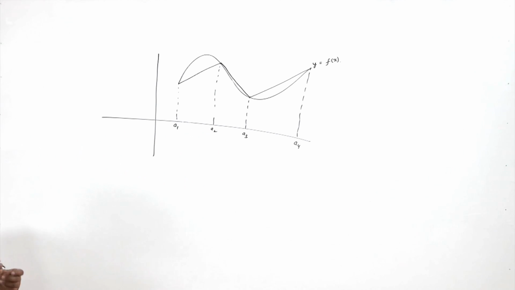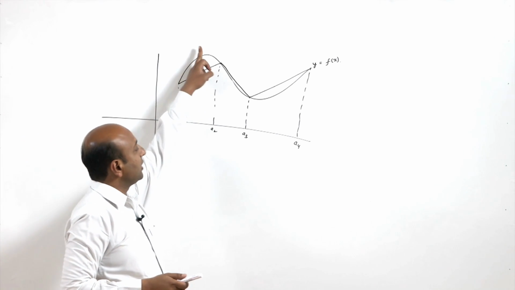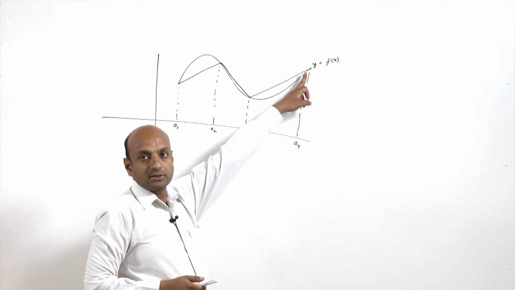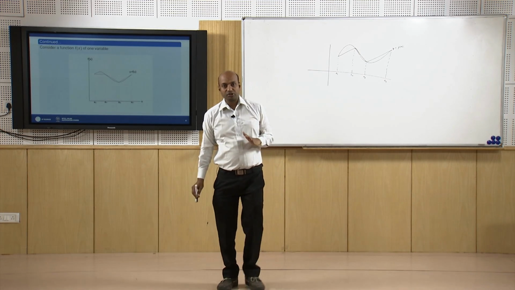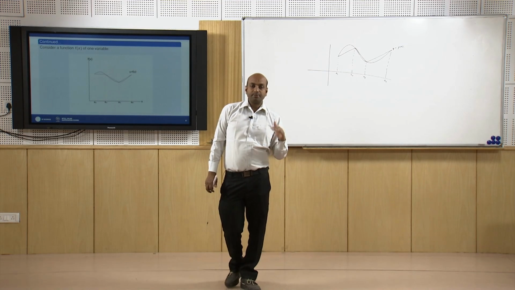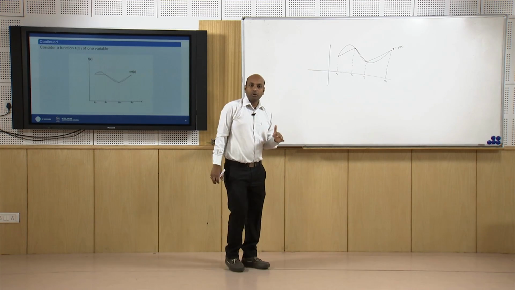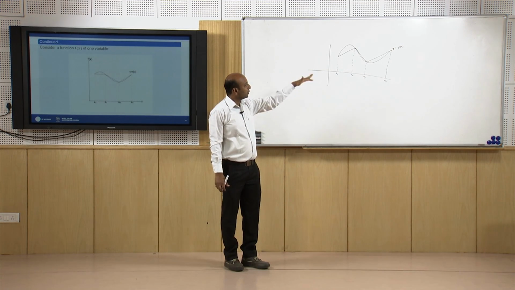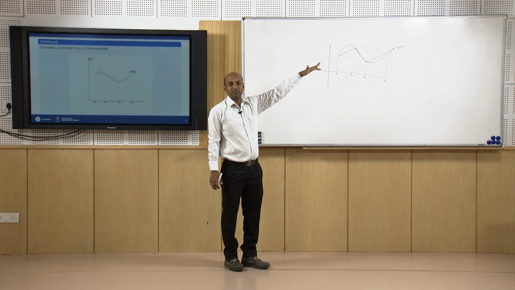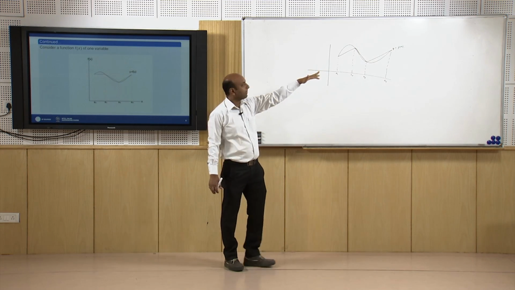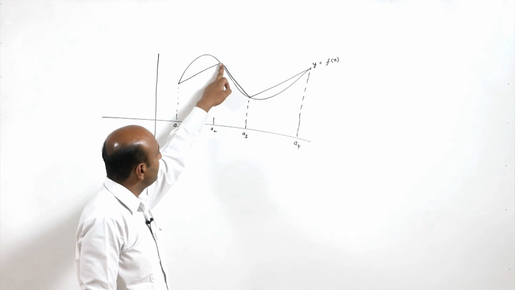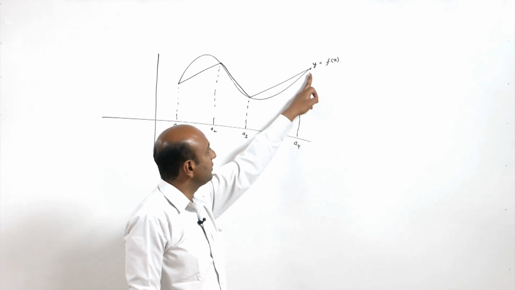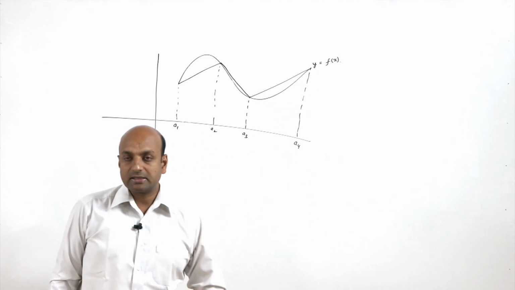Basically, what we have done, we have a given function of one variable as y equals fx. We are trying to find the linear approximation of this function. So, we have split the curve into a finite number of broken lines, piecewise linear functions. Okay. This curve is approximated by this straight line. This curve up to here is approximated by this straight line. This curve we have approximated by this straight line.